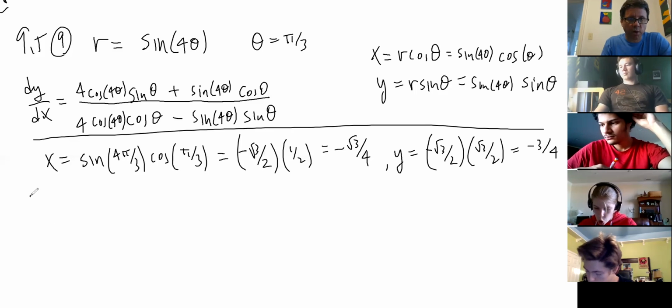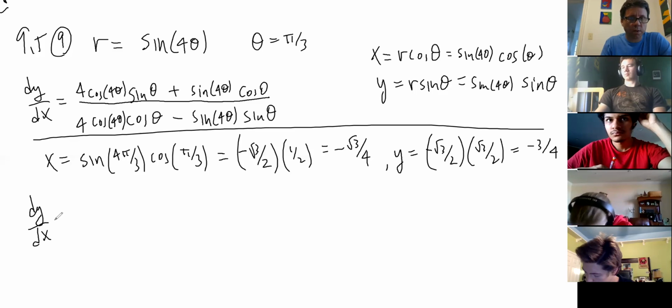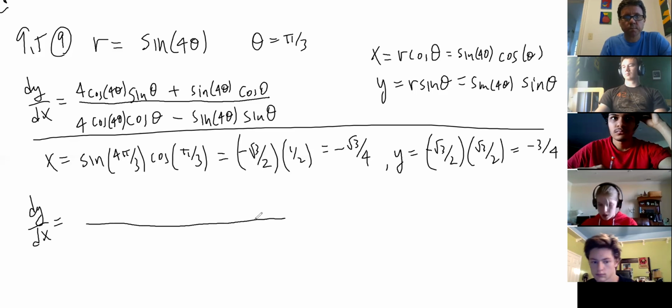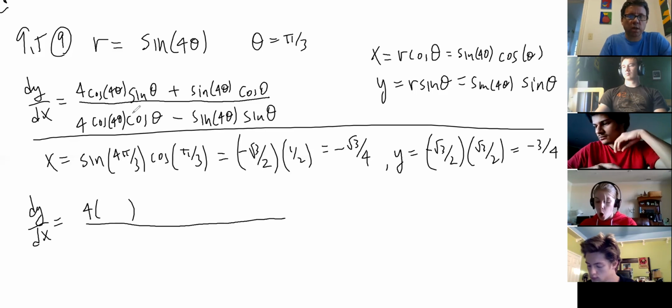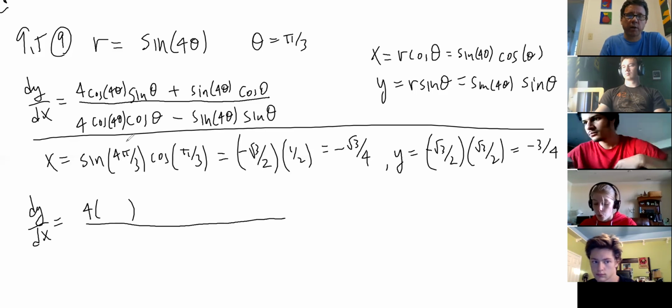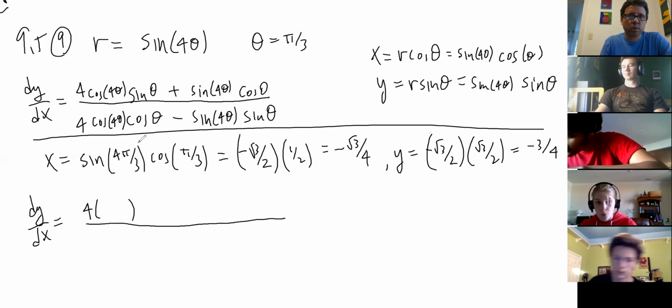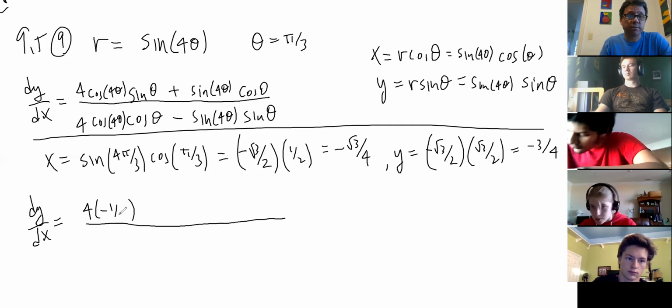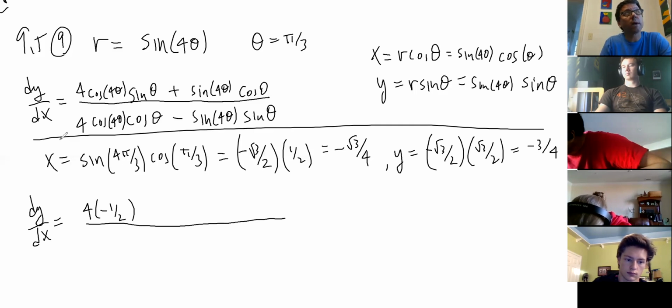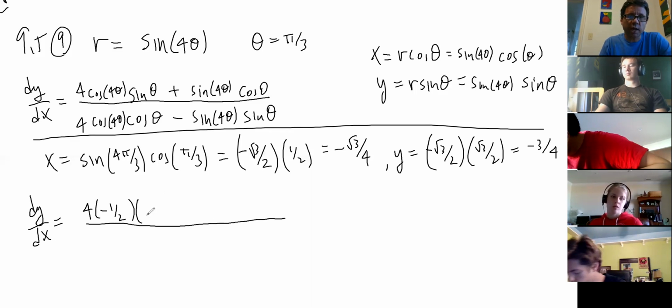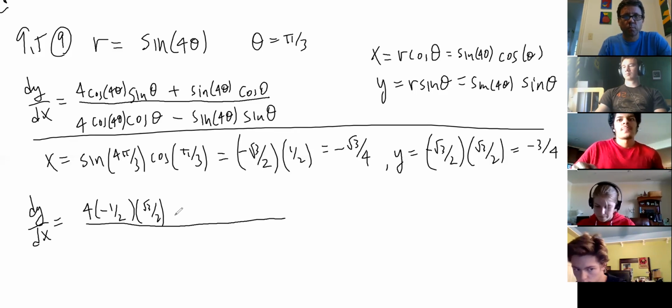Okay, now the fun part here. Slope. Got 4. The cosine of 4 pi over 3 is negative a half. Wrapped around to the third quadrant. Sine of pi over 3 is square root 3 over 2. That's that one.